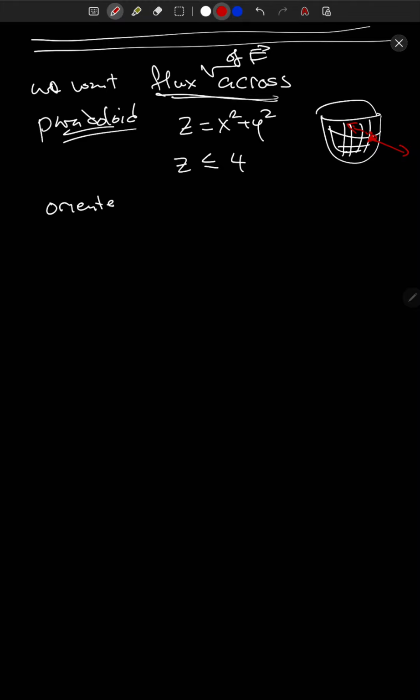Okay, so this one would be downwards, perhaps, or a good description of it would be downwards. And this one would be upwards. Okay. So let me say oriented with n equals "upwards." Let me just put that in quotes.